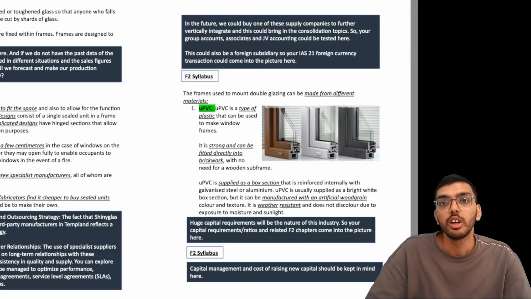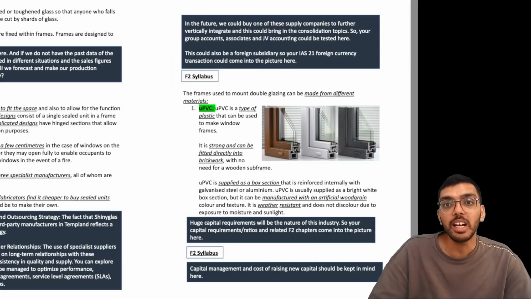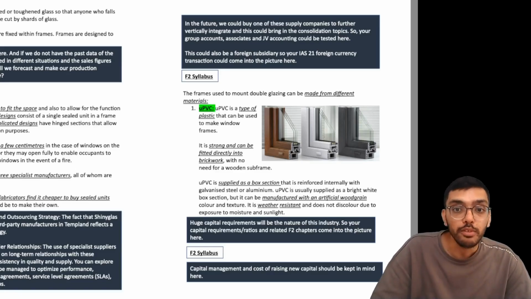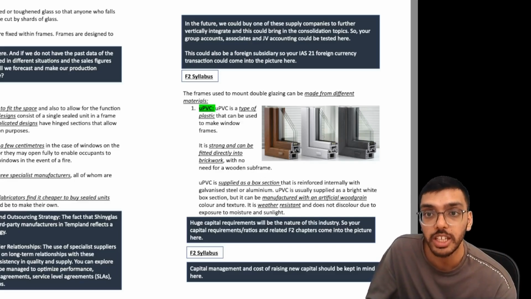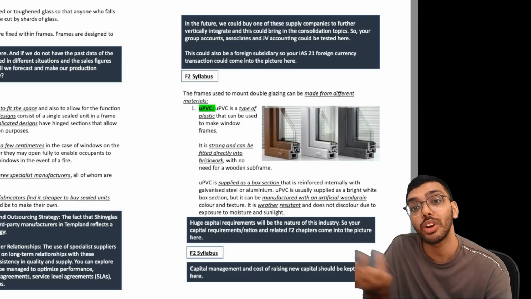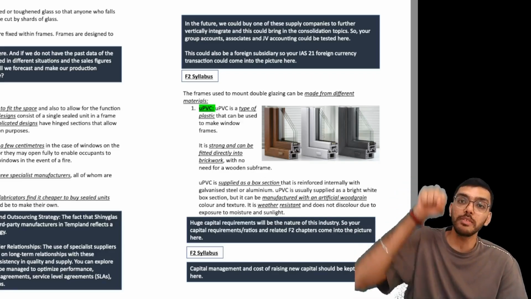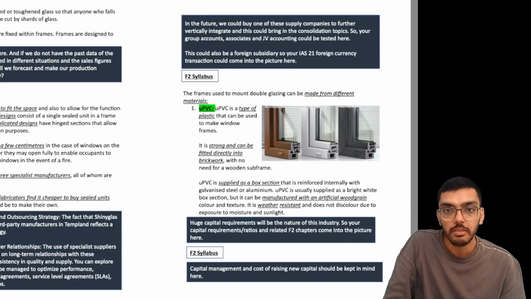In the future, we could buy one of these supply companies to further vertically integrate, and this could bring in the consolidation topic. If you want to have full control over the sealed unit manufacturing, there can be a situation where you raise finance to buy one of these companies.